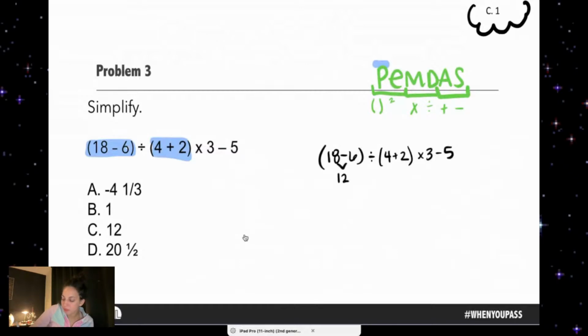I'm going to rewrite everything the same, because I do not like to do multiple steps at once in a problem like this, because I don't want to miss a step, and I don't want to do too many steps at once and make a silly error. So then I'm going to solve this parentheses. 12 divided by 4 plus 2 is 6 times 3 minus 5.